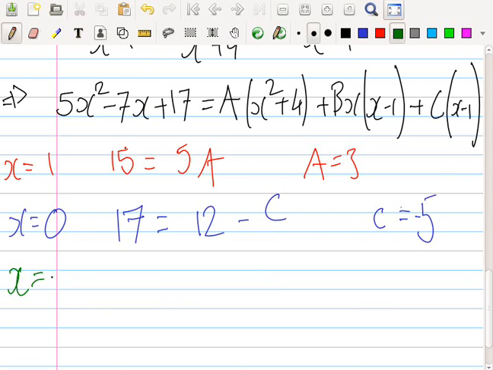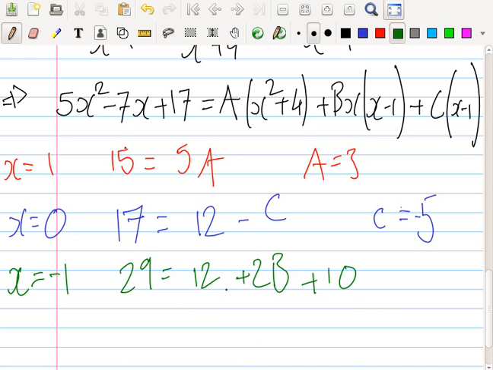Let's put minus 1. So I get 5 plus 7 is 12, plus 17 is 29, equals 5 times 3, and then minus 2 times minus 1 is 2, 2 times b, oh I don't know b, sorry, so 2b, and then minus 1 minus 1 minus 2c, so plus 10.